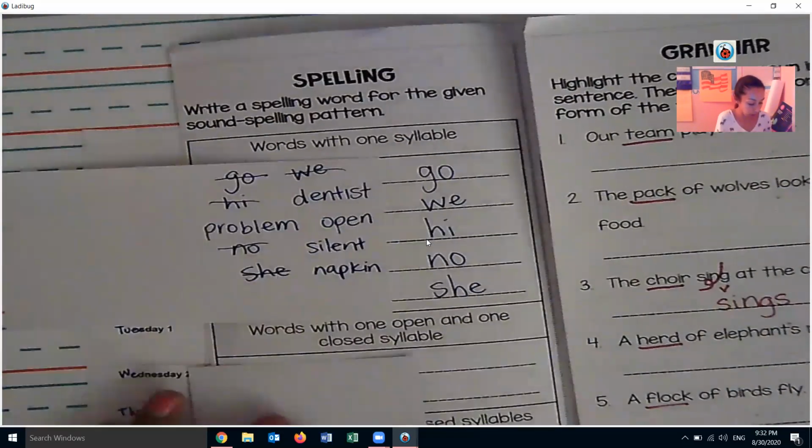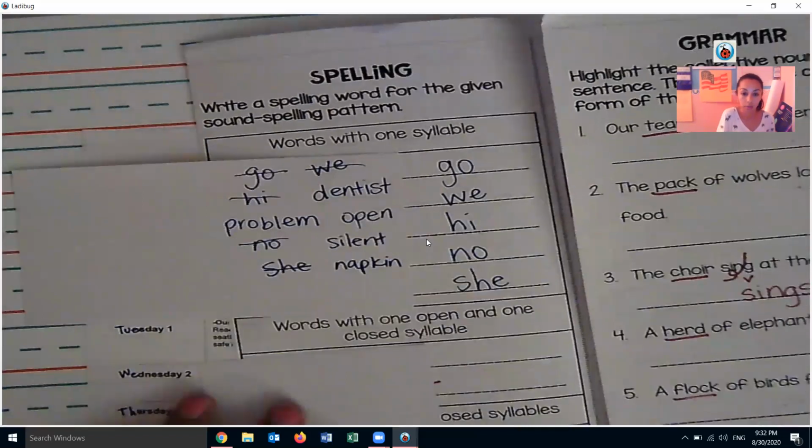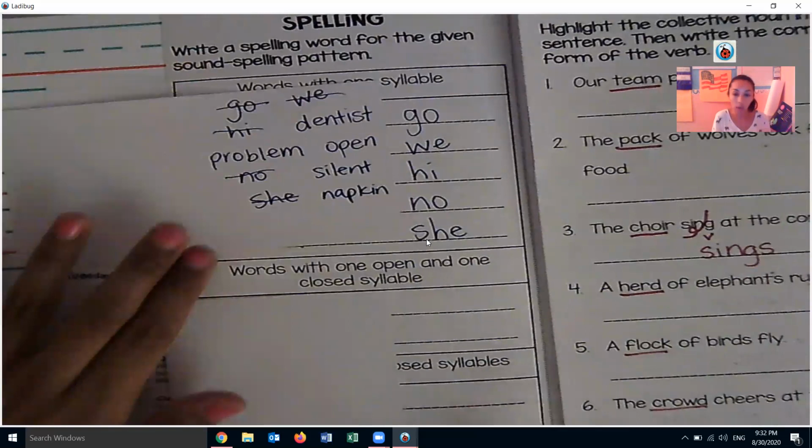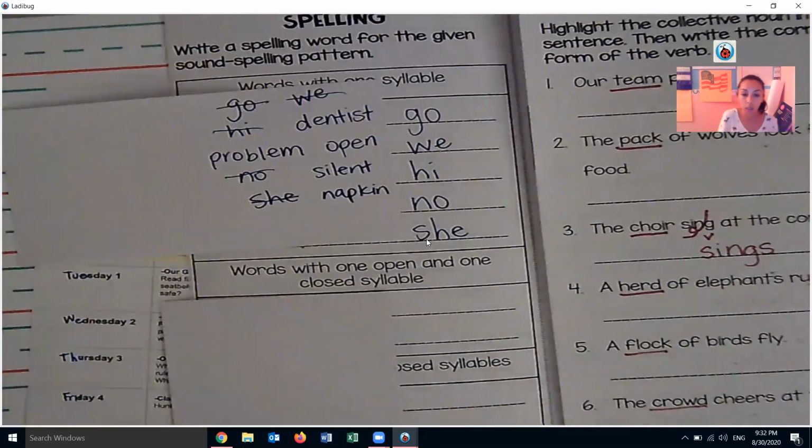Okay, so these are the other ones that are a little trickier for the word sort. It says words with one open and one closed syllable. That means when we break them down into claps, the first syllable is going to be open.